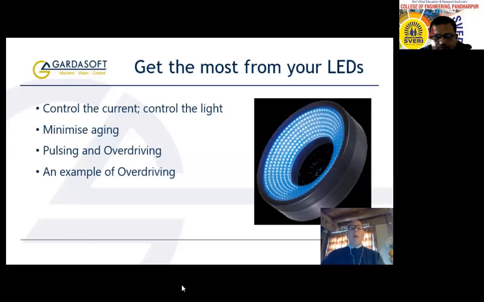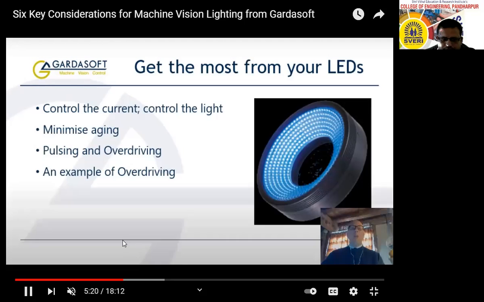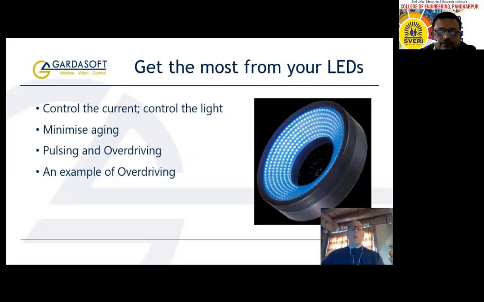Pulsing can be achieved most easily by using a lighting controller to manage the strobing. Converting a constant illumination system to a strobe system is straightforward when using a quality lighting controller. The trigger for the camera is set to the lighting controller, which allows adjustment of pulse length and intensity, and any delay between trigger and output pulse.